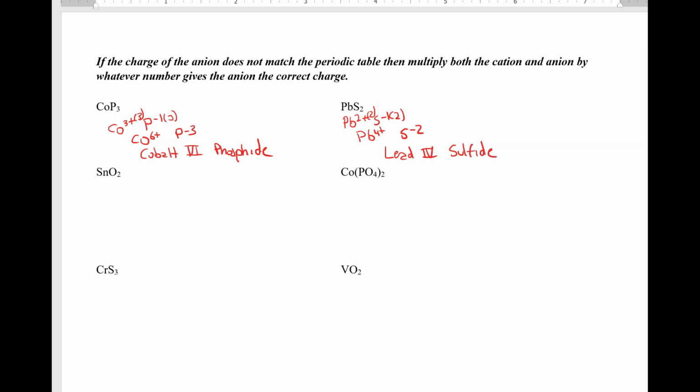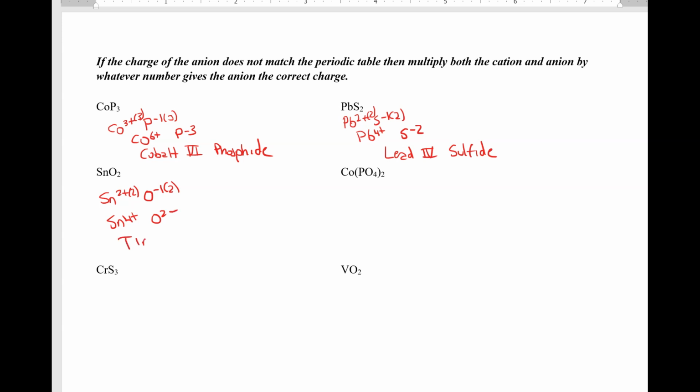Okay, next one. This is where it sucks when there's subscripts because you have to go through all this extra stuff, especially if it's not 1A, 2A, 3A, or zinc, silver, right? So tin, another example on crisscross, Sn 2 plus, O negative 1. We know O should be a negative 2, so we're going to multiply both of these by 2. So this becomes Sn 4 plus, O negative 2.